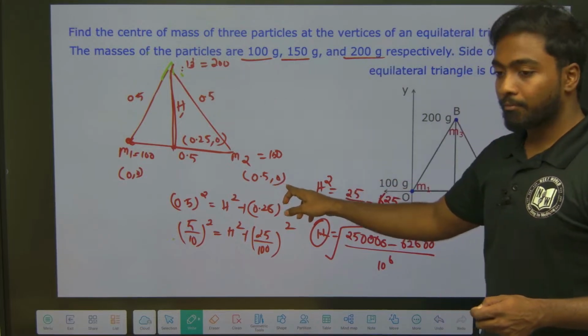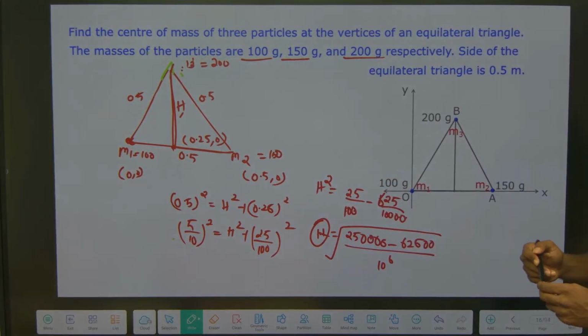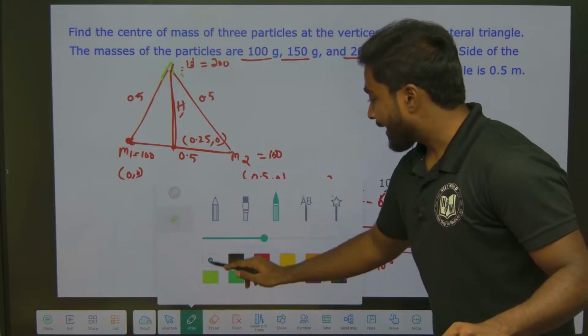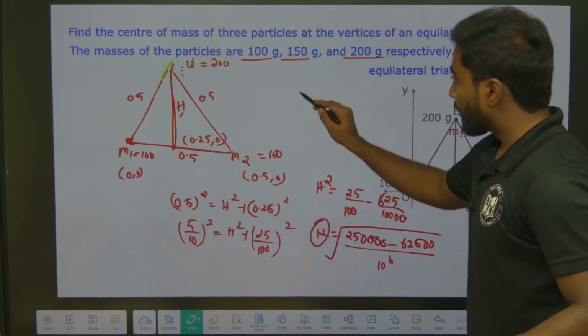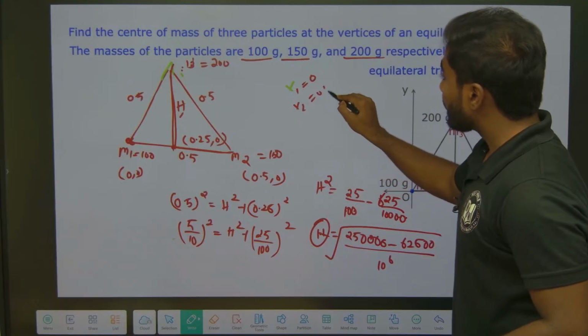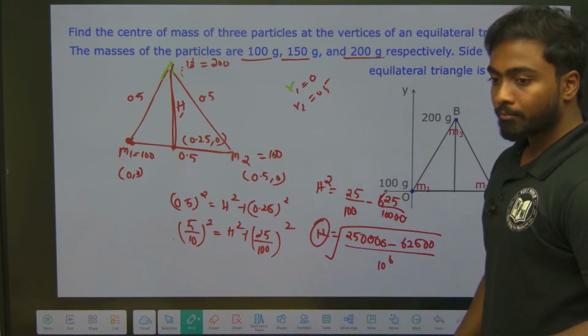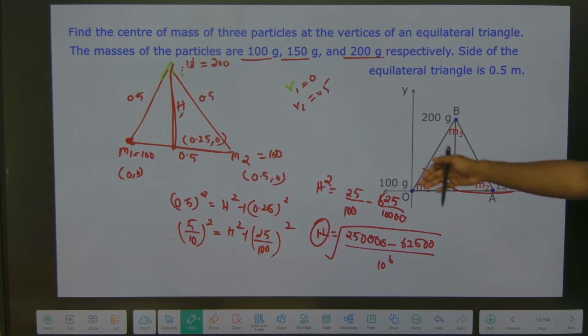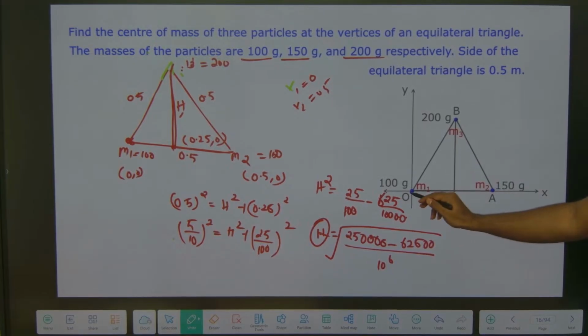Sir, which one, the x-axis? So on the x-axis it is 0, y-axis is 0.